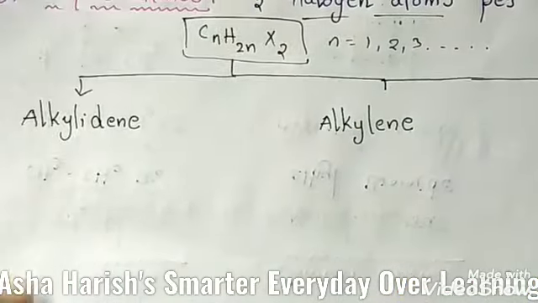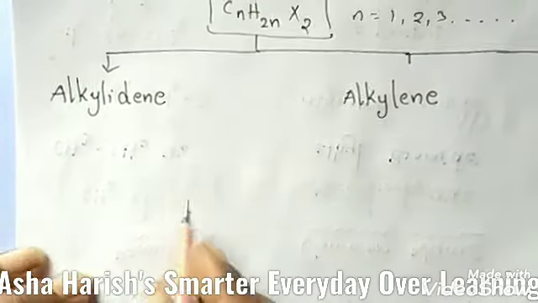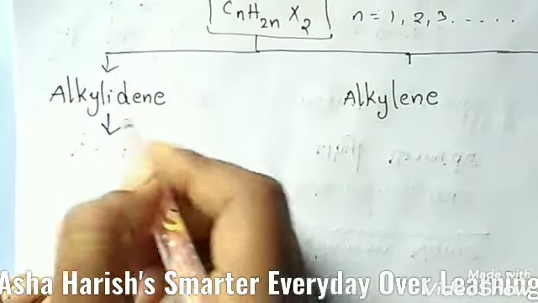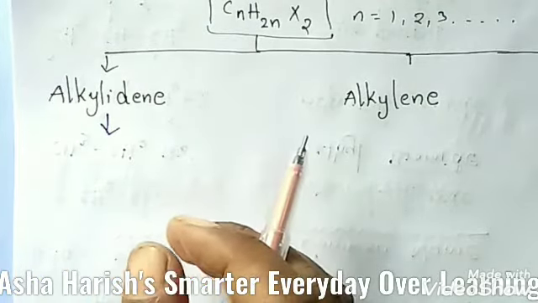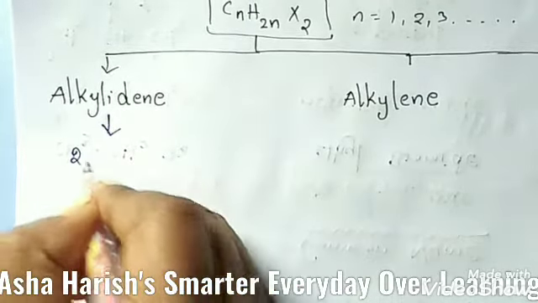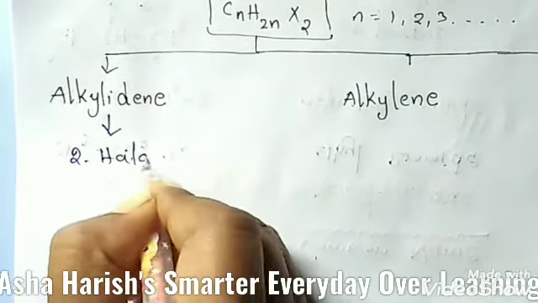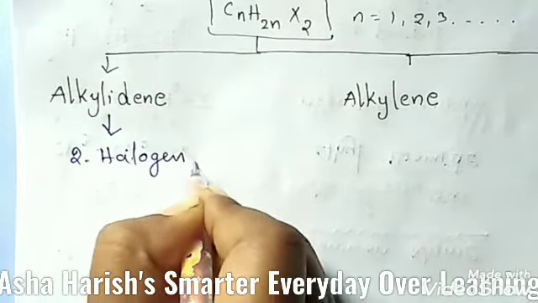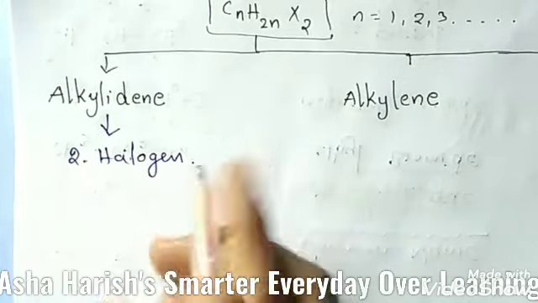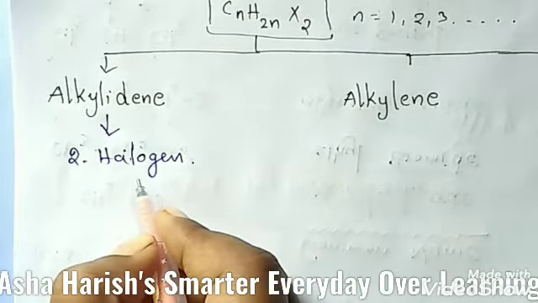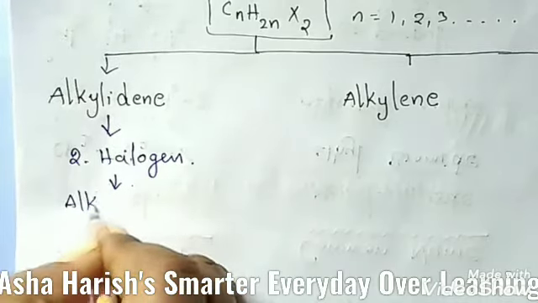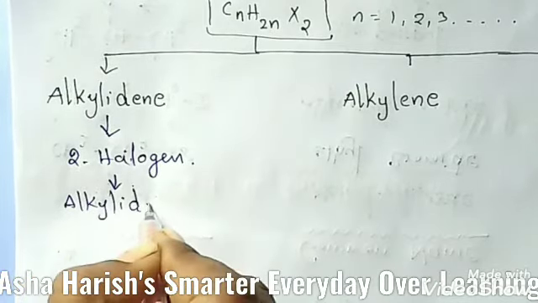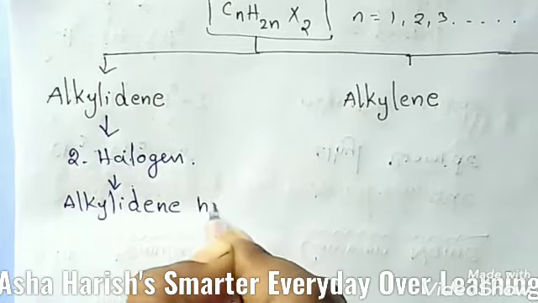For alkylidene dihalides, the dihalogen derivatives of alkanes in which the two halogen atoms are attached to the same carbon are called alkylidene dihalides, or simply alkylidene halides.